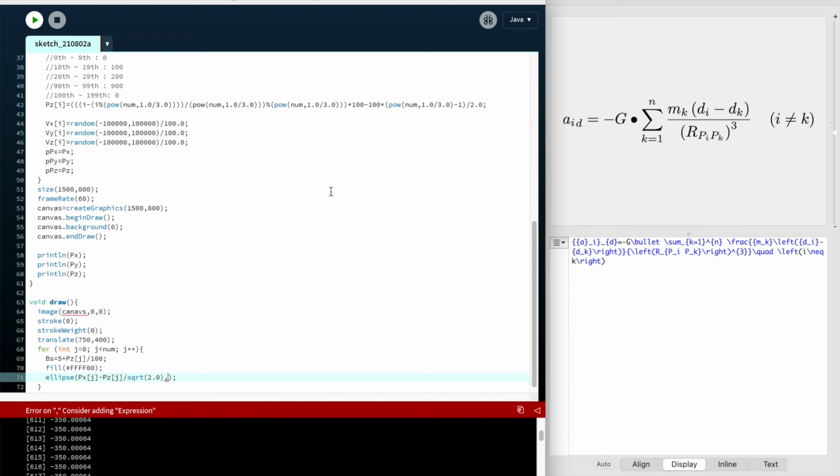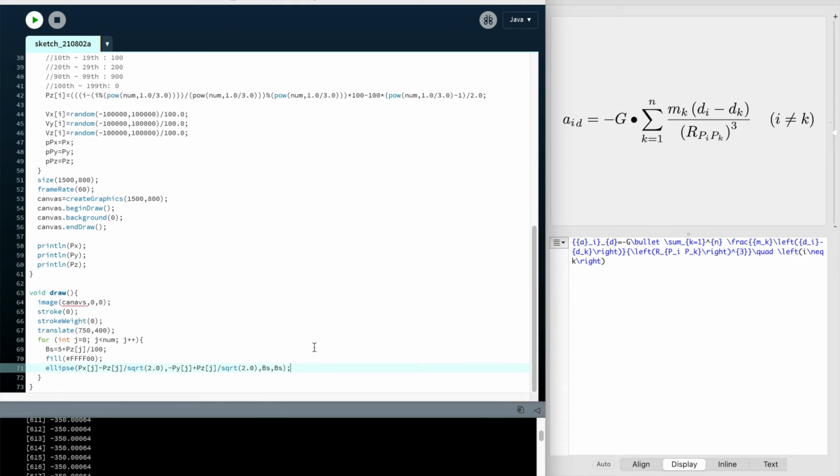And for the y, in Processing, we know that a positive y goes down, so we have minus py of j plus pz of j divided by square root of 2.0, comma, ball size and ball size for our radius.